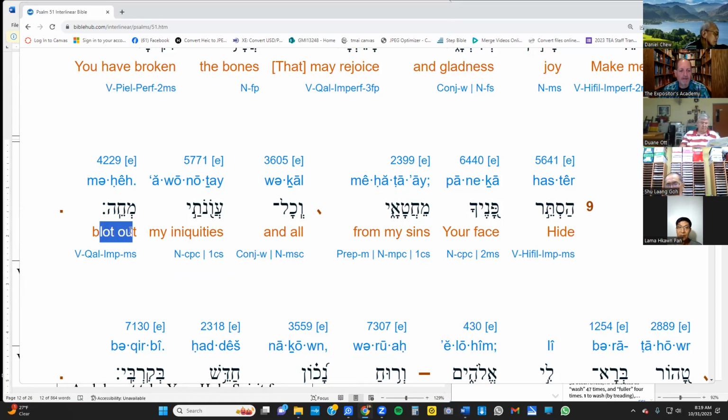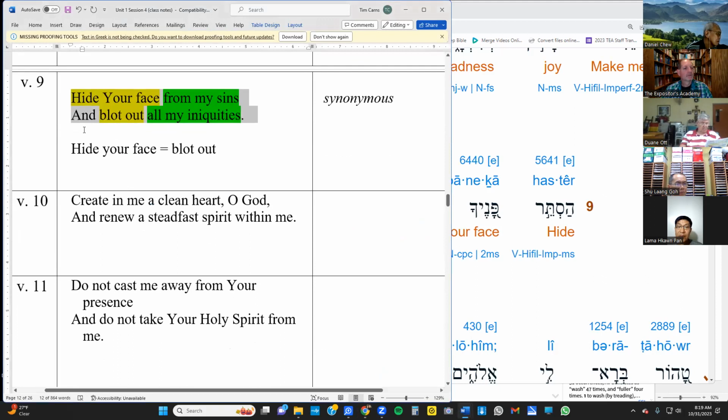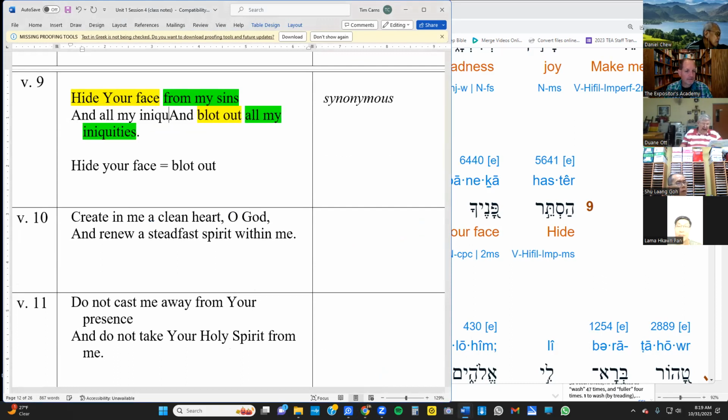Blot out is the verb at the end of the second line. So what has he done here? This is chiasm. Yes. So by looking at the Hebrew text, we see the word order should be like this: hide your face from my sins and all my iniquities blot out.